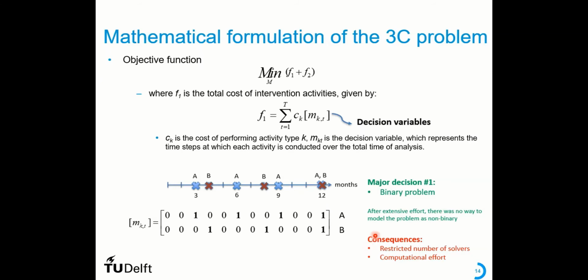And since the problem is not continuous, we also have computational effort, because working with a binary problem is more computationally expensive. So this is the first major decision that we took.